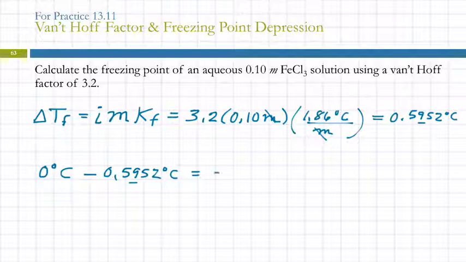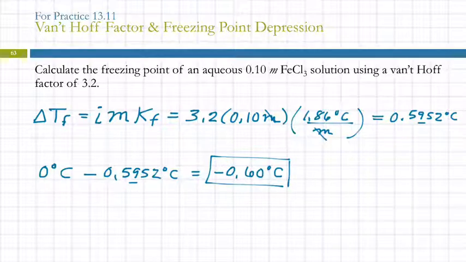And so we're going to get minus 0.5952. I'm going to round it to 2 sig figs now: minus 0.60 degrees Celsius. Any questions?